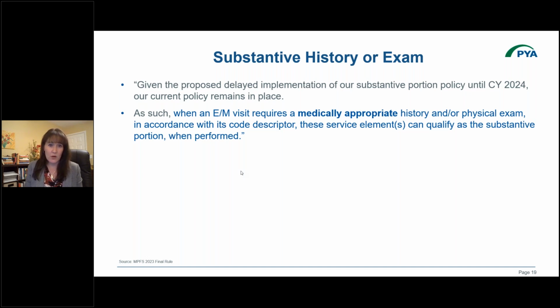We've got to get this to where it would be easily audited, easily defensible, and easily communicated on who's providing what. It's understandable that we would want to know who's providing what portions of the service, but we do want to support collaboration and the ability for an APP to provide the top level of service that he or she can provide in any setting, and this helps for physician shortage issues.